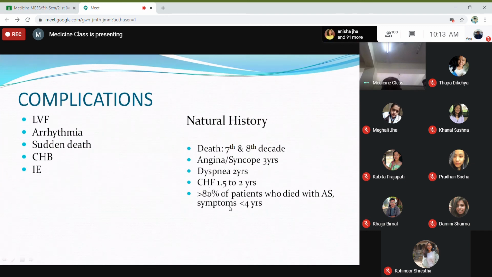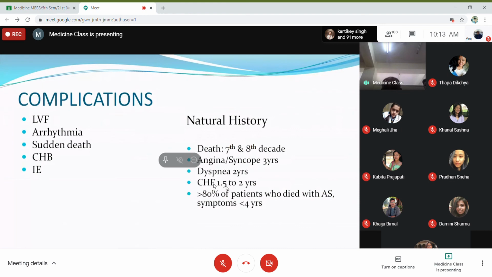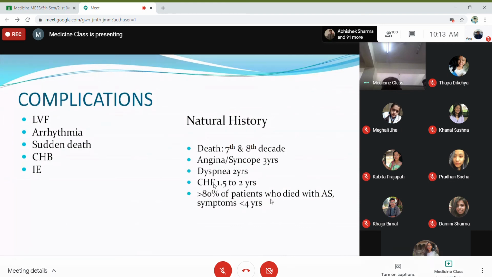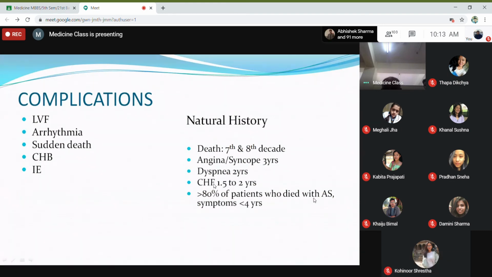With congestive heart failure, it's 1.5 to 2 years, and more than 80% of the people who have aortic stenosis will have symptoms within 4 years. So if the patient develops symptoms, the patient may die within 4 years. The appearance of symptoms is very important in aortic stenosis.